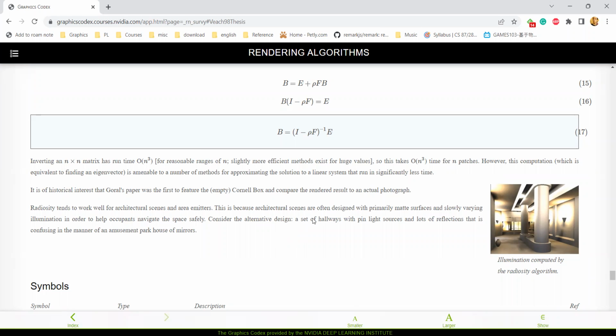Because architectural scenes are often designed with primarily matte surfaces and slowly varying illumination in order to help occupants navigate the space safely. Consider the alternative design, a set of hallways with pin light sources and a lot of reflections, that is confusing in the manner of an amusement park house of mirrors. Yeah, that would be bad.